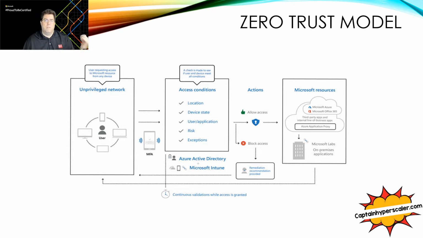And that might be enforcing a multi-factor authentication verification for making somebody change their password, or making sure that they're utilizing a proper device that's joined to Azure Active Directory before we provide access to those resources. And this could be based on where they are in terms of location, what devices they're accessing, or what risk level the environment is seeing that person that is trying to access being.